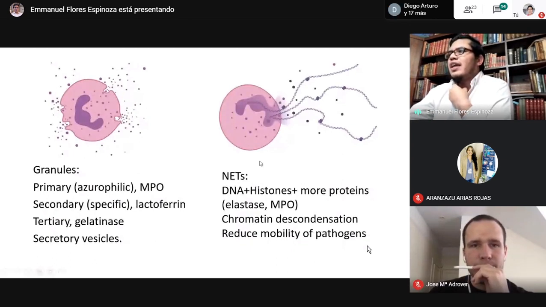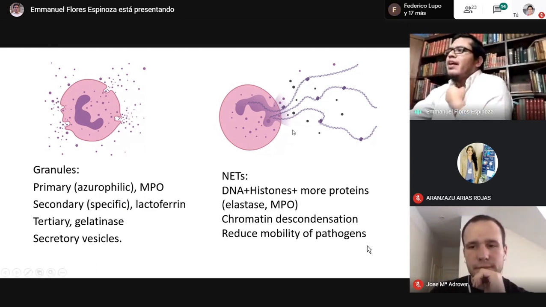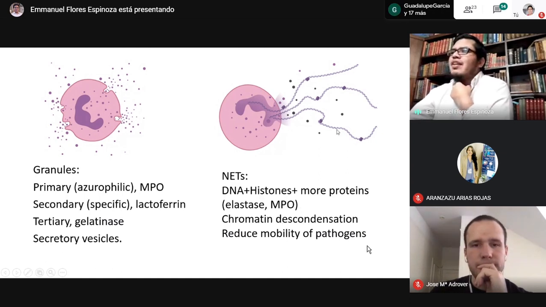NETs are neutrophil extracellular traps that are formed by chromatin, DNA, and histones that undergo modifications that permit the condensation of this chromatin. They also contain more proteins, like elastase and myeloperoxidase from the granules, that enter the nuclear space and are projected with the DNA.